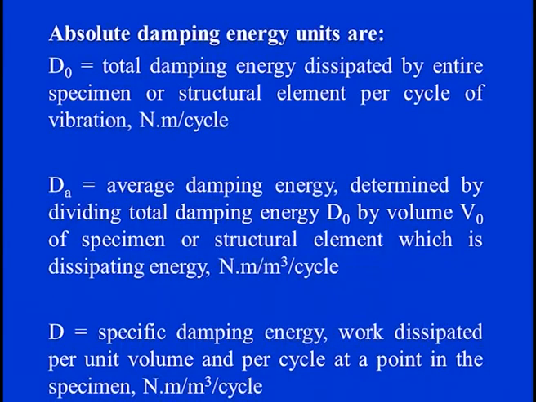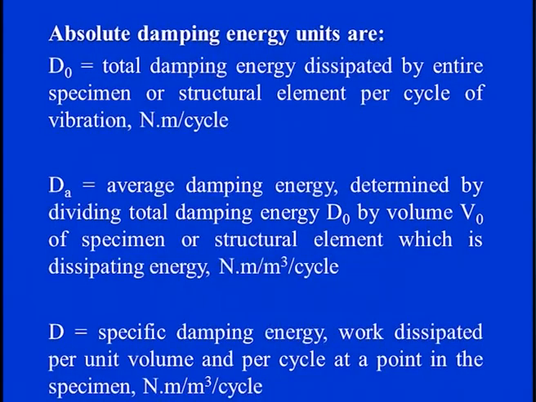So, in that case we have Newton meter divided by meter cube per cycle, and we say this is dA. And the third unit which can also be used sometimes is the specific damping energy. That means it has a very specific feature: the dissipation of that specific energy per unit volume in one cycle.